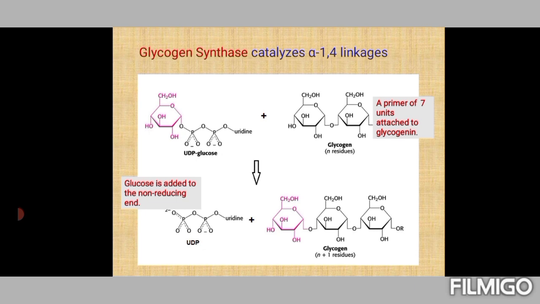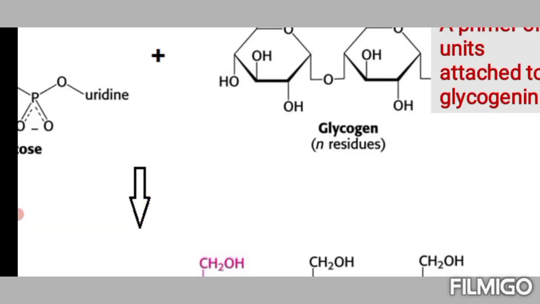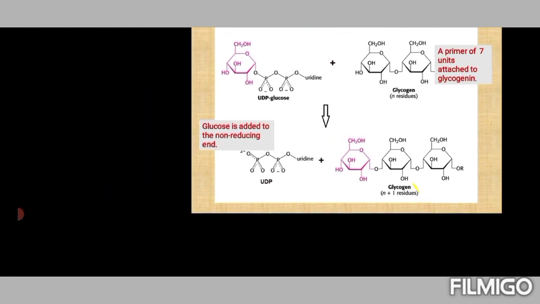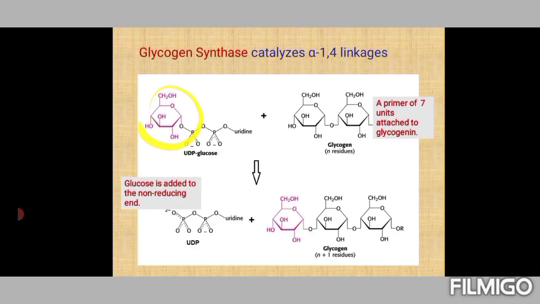The glucose is added to the non-reducing end, UDP is left behind, and this pink colored subunit comes here, and the chain is elongated. It becomes glycogen N+1 residue.